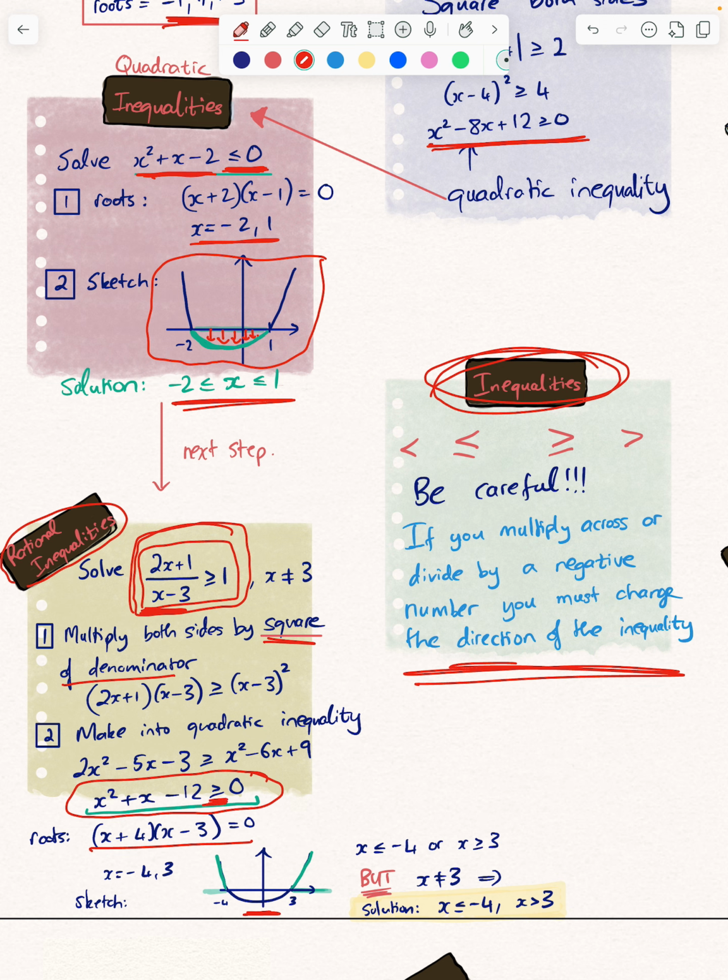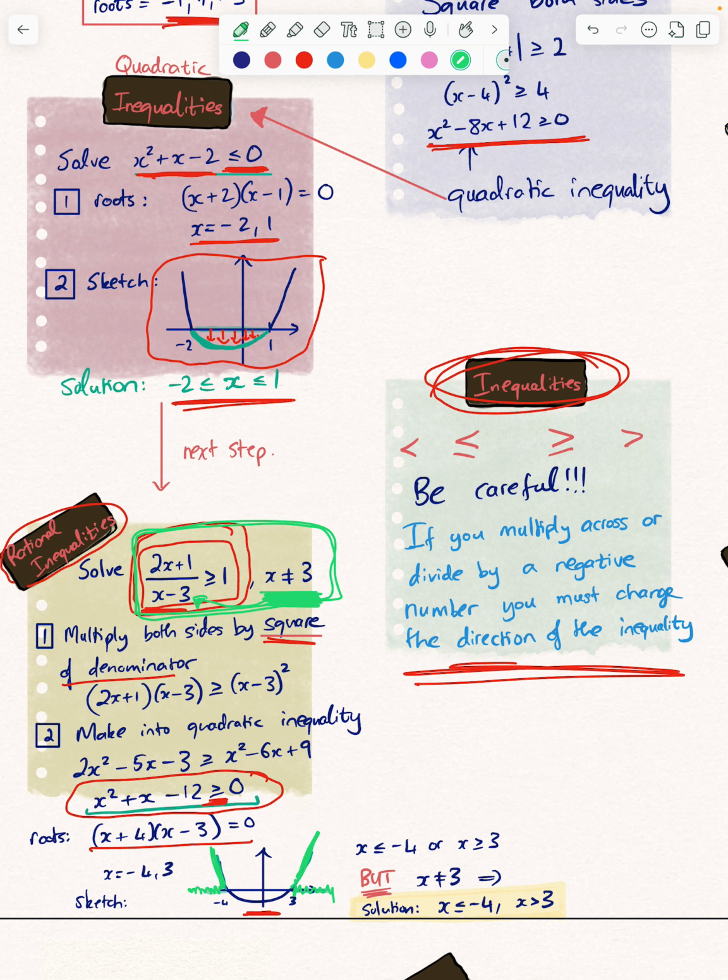In this instance, you want where the quadratic is greater than 0, which is along the green arms there, green bits here, which correspond to x values that are greater than or equal to 3 or less than or equal to minus 4. And just be careful in this kind of rational inequality situation, there'll always be a value that x can't be because it would result in 0 in the denominator.